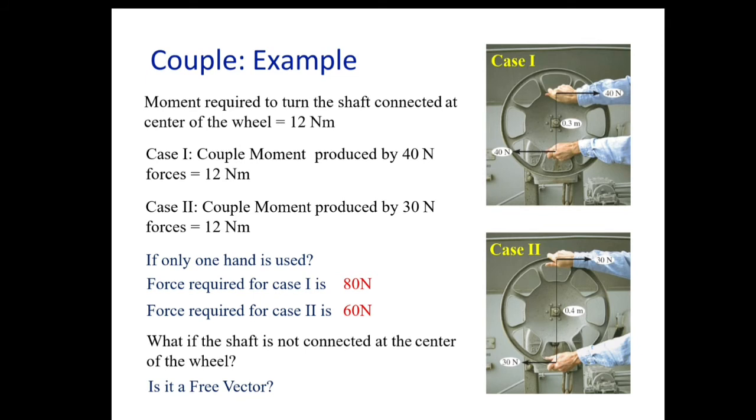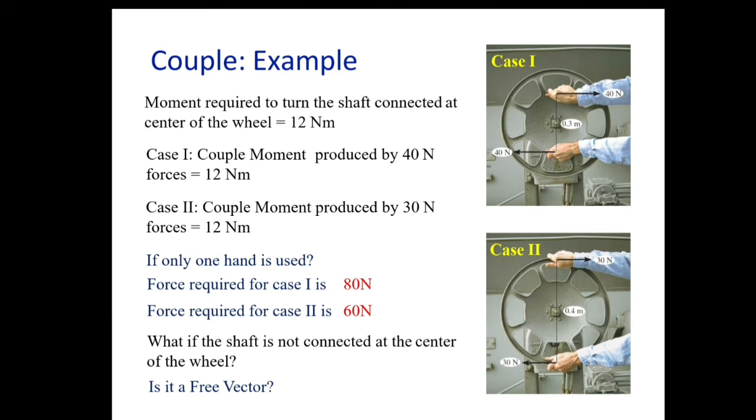Now in the second case we have increased the distance between the forces. In the first case the hands were on the inner side of the wheel, and in the second figure we have applied force at the outer side of the wheel. So there will be an increase in distance between these two points of application of forces.